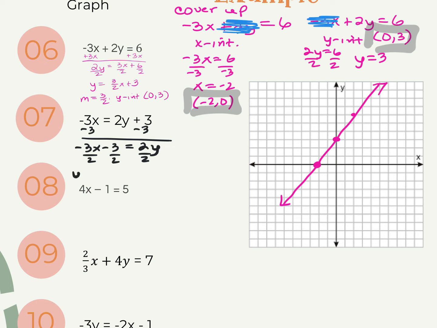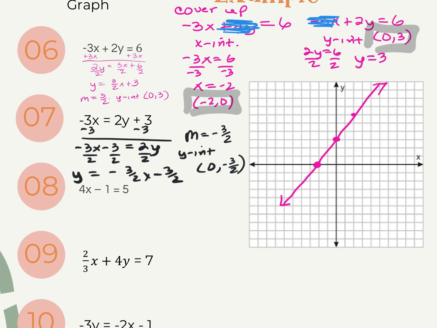So then this gives me y equals negative 3 over 2x minus 3 over 2. 3 over 2 is 1.5. So my slope here is negative 3 over 2, and my y-intercept is going to be the ordered pair 0, negative 3 over 2.